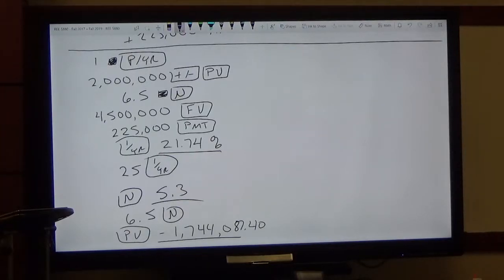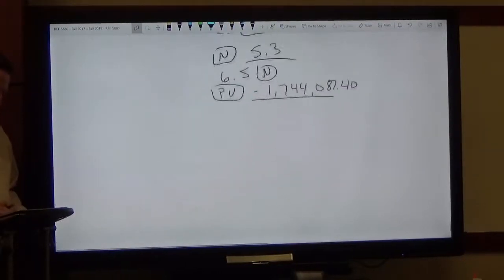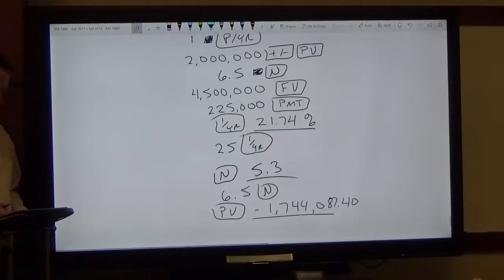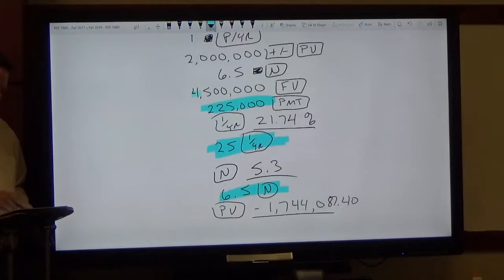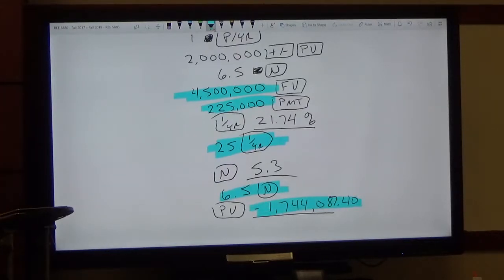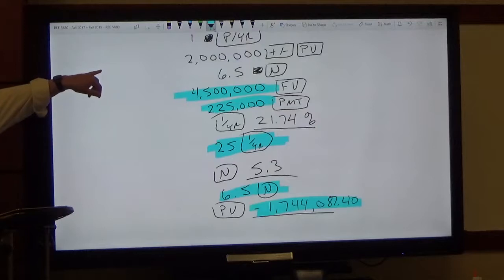What that's saying is that with a 6.5 year term, wanting to get 25% with a $225,000 a year payment and an expected selling price of 4.5 million, what we're left with solving for is the present value. So if we wanted to get that 25% rate of return, we should only be paying 1.7 million instead of 2 million. Does that make sense?